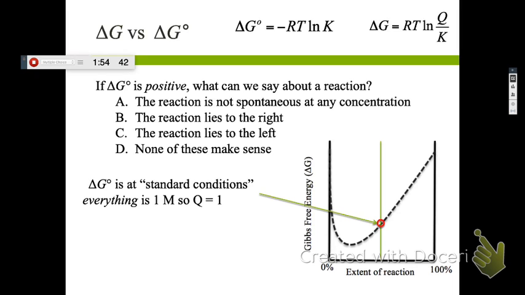Positive means it's going to be spontaneous in the reverse direction. So we need to look at that sign of Gibbs free energy at standard conditions, and it tells us which way this graph lies. So go ahead and draw the opposite on the other diagram.